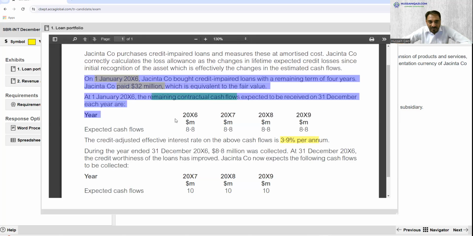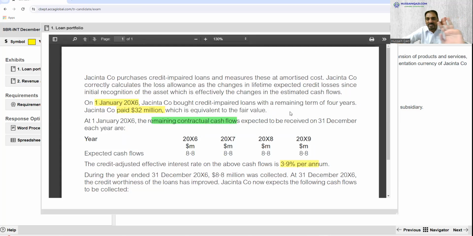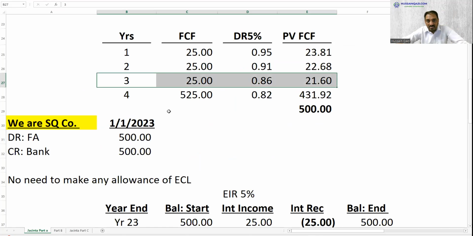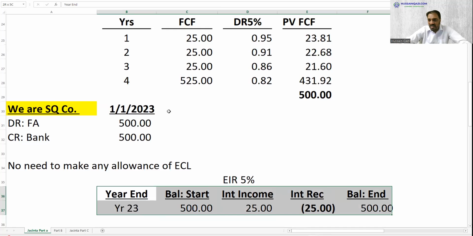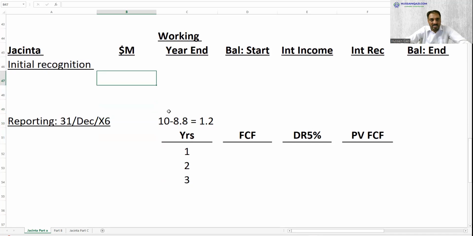So the first part, when we initially recognize the credit impaired loans, is very simple. Debit financial asset, credit bank, 32 million. That's all, and we will be able to get 1 or 2 marks. Number 2, during the year end 31st December, 8.8 million was collected, so then we will make an amortization schedule.